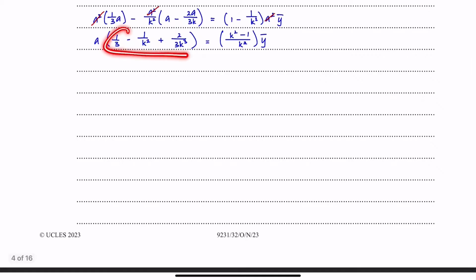So we need to make this into one fraction. So we have A times K cubed minus 3K plus 2 over 3K cubed. And for this, we would write the same thing first.